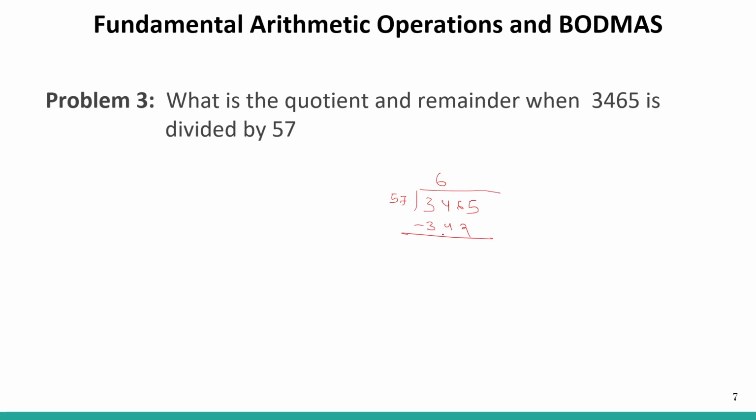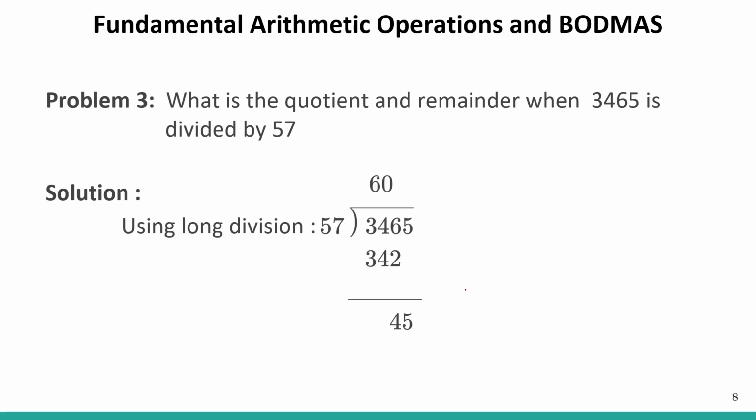Subtracting, what we get is 45. If we put 0, 60 will be the quotient and 45 will be the remainder.